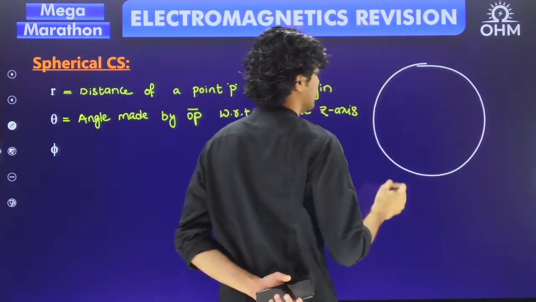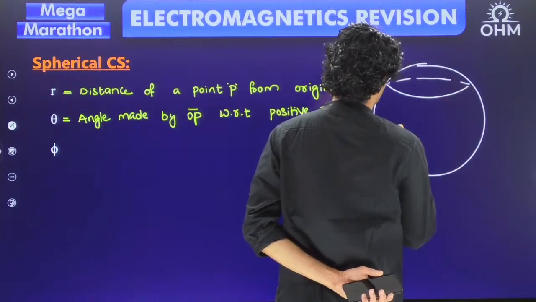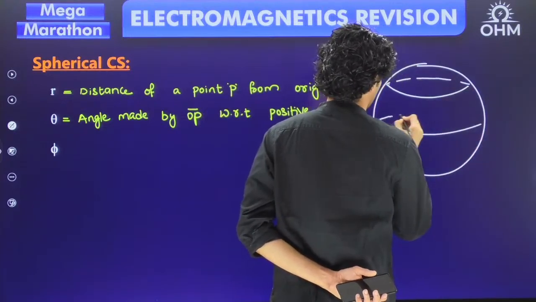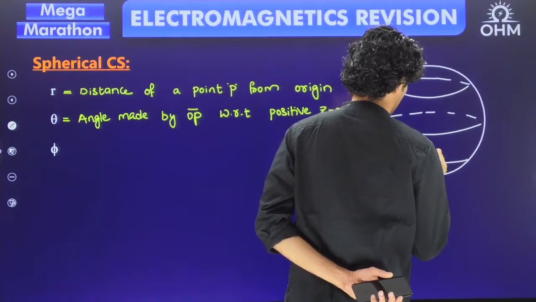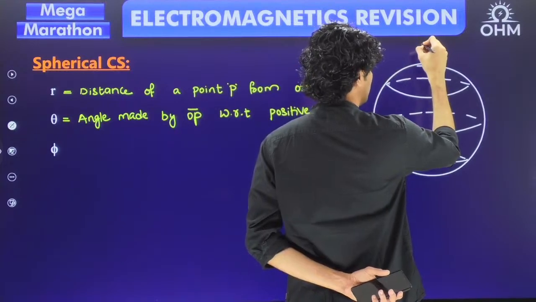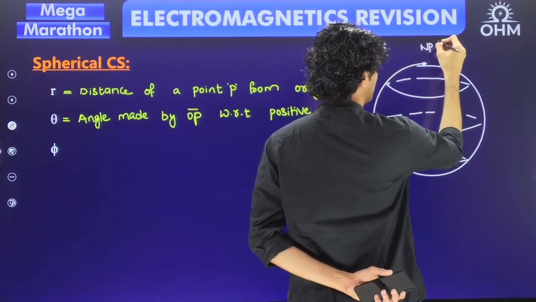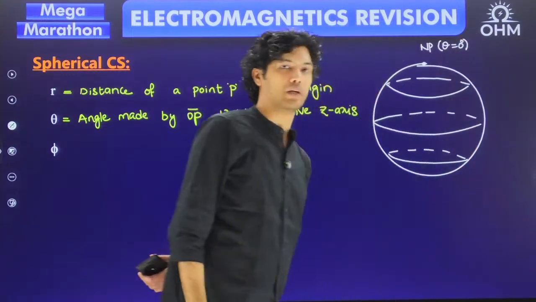Let's assume this is a sphere, and this point is the north pole. So this north pole point is the reference, meaning theta is equal to 0 here in the spherical coordinate system.